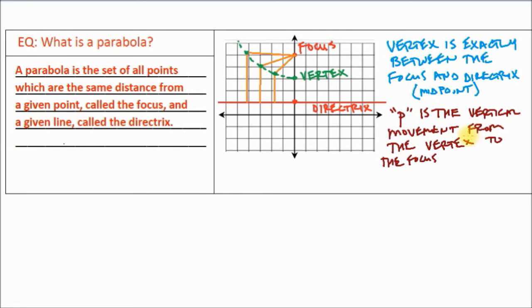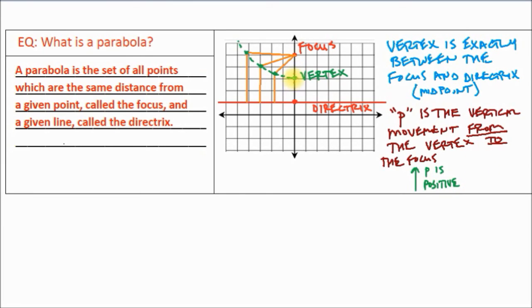Now I'm going to highlight these words: from the vertex to the focus. That means, class, if to go from the vertex to the focus we are going up, that means P is positive because we're moving up on the y-axis.